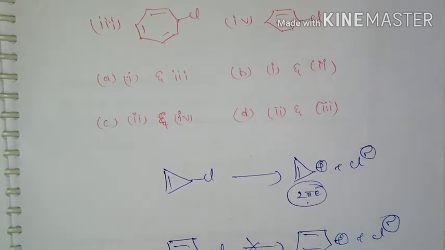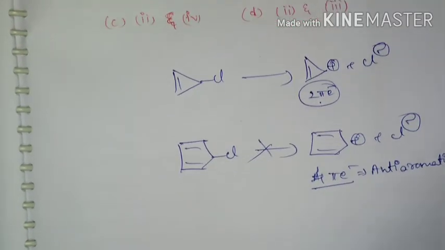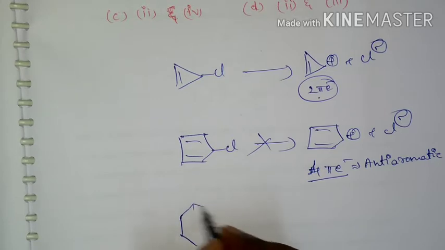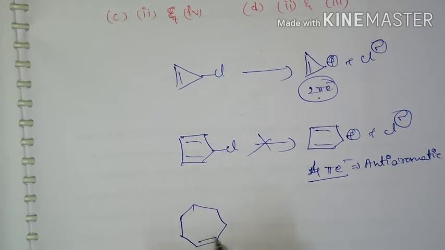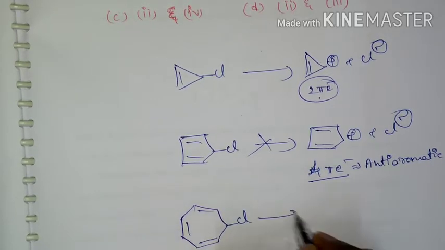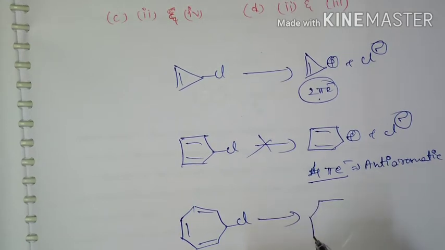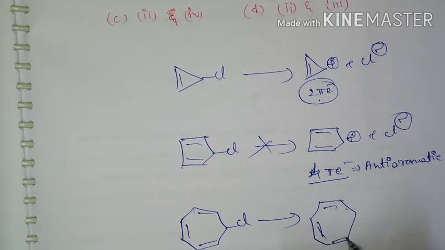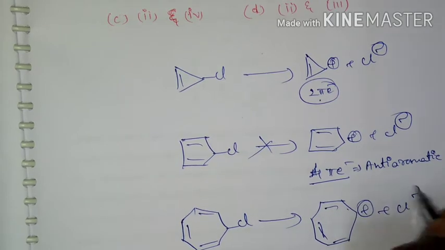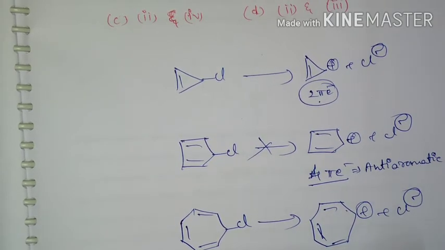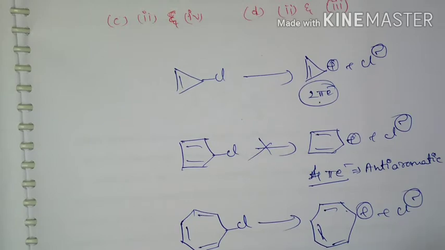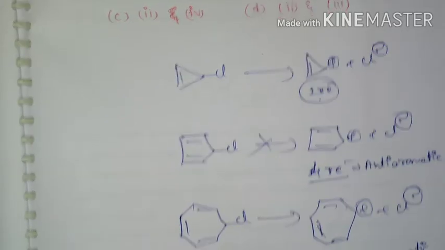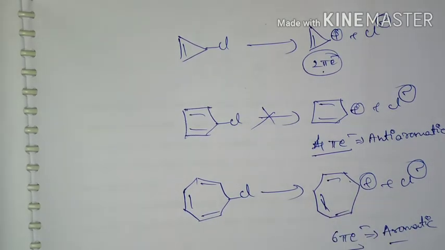So hence this will not undergo easy ionization. And if you come for this third, this is also going to give 6 pi electrons, and it is going to gain aromatic character, okay, and this is a tropylium cation.